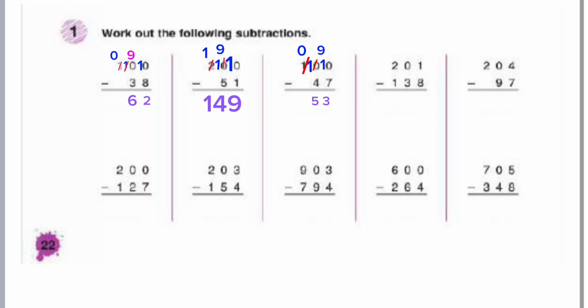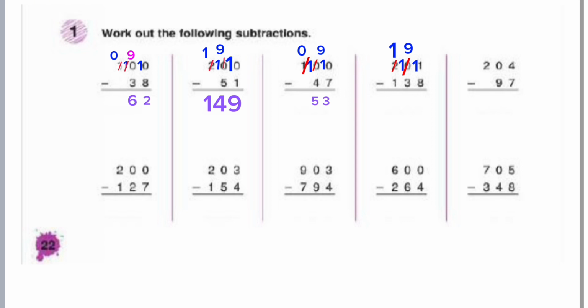Operation 4, 201 minus 138. Now 1 minus 8, we can't subtract. So the 1 will borrow from the 0, but it can't. So the 0 will borrow from the 2 in the hundreds digit. So the 2 will become 1 and the 0 will become 10. Now the 1 in the ones digit can borrow from the tens digit.